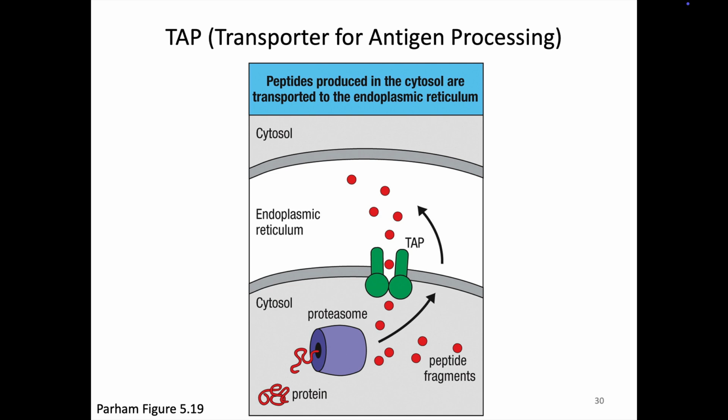So it does the delivery. The discovery of TAP was fabulous. Lots of cool stuff about the discovery of TAP. Basically TAP is using ATP and shooting all the peptides from the cytoplasm into the ER. And this is a key step. Without this, none of this would actually work.